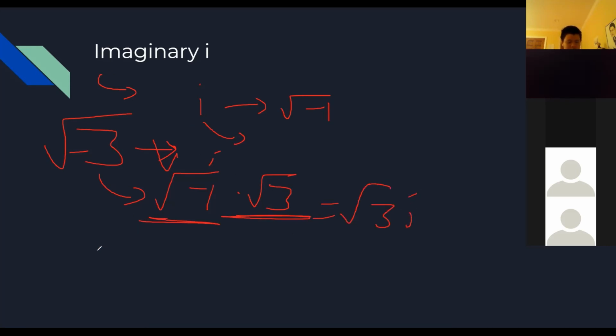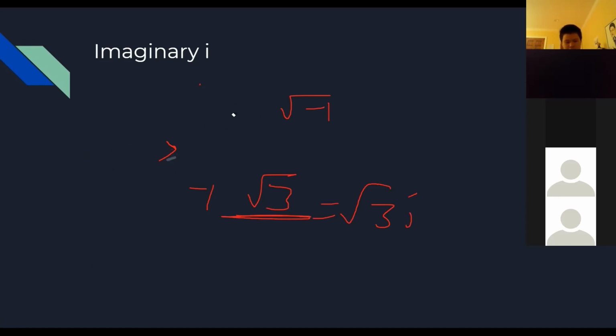Now you can multiply i, 5i plus 3. Or you can multiply i by itself. So what happens when you multiply i? What is i times i, or i squared?